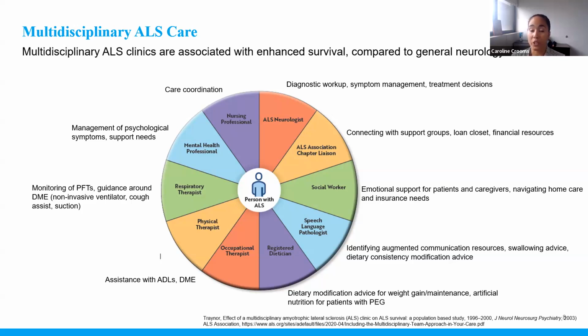A lot of patients and caregivers will connect with each other this way. They have really important conversations and share resources. There is a loan closet, which is incredibly important. So ALS is very disabling, as we'll talk about, and as you probably know, and there's a lot of durable medical equipment, or DME, that's needed, and it can take a long time to get them.